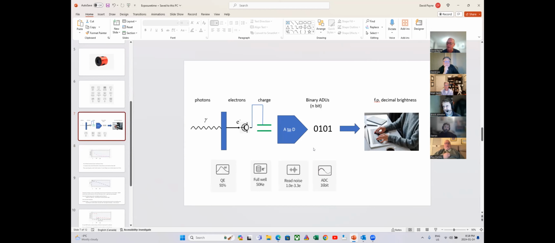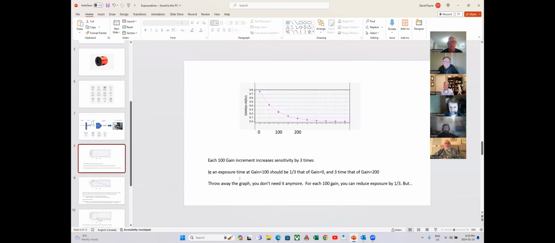So your gain goes up by 3 each time, and your exposure time goes down by a factor of 3 each 100 units of gain you put on the camera. So once you understand that, you don't need this graph anymore, right? So you throw the graph, don't need it anymore.